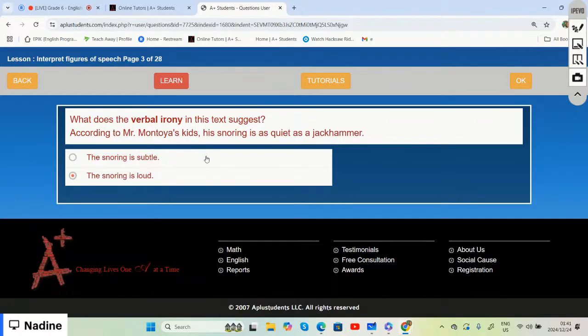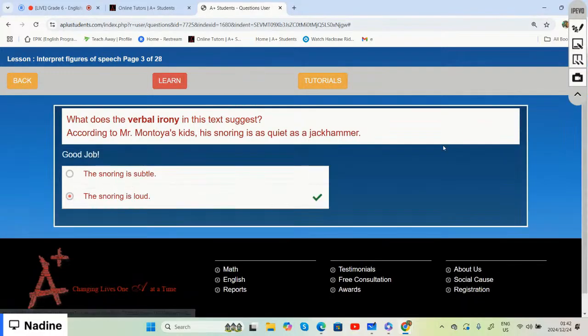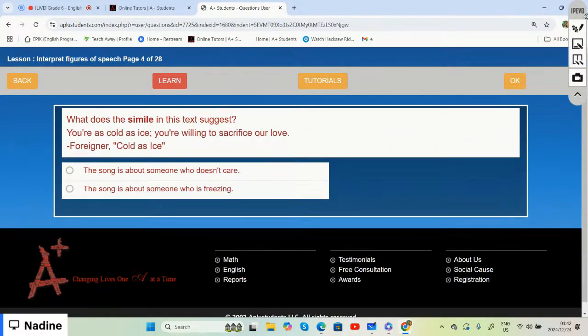If we were to compare somebody's snoring to a jackhammer, then it is actually something quite loud. So I actually think that his snoring is loud. Because remember, a jackhammer is like that drill that is extremely loud.